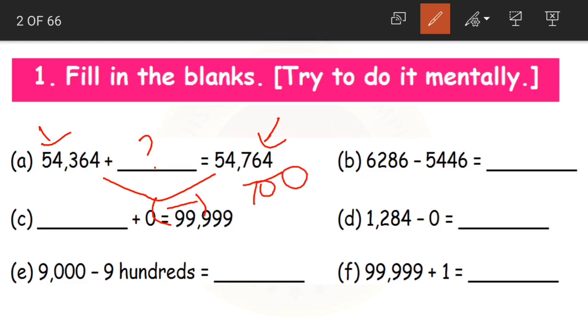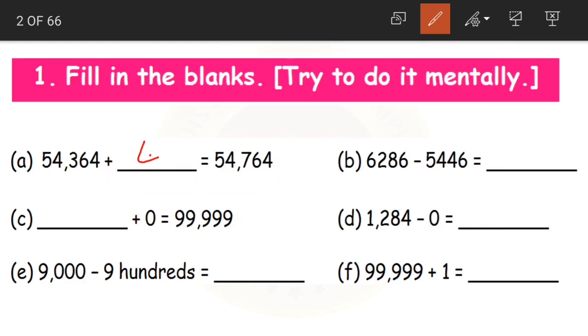Now here 700 minus 300. Now again 2 zeros, 0 minus 0 and again 0 minus 0. 7 minus 3 becomes 4. Yes, so 54,364 plus 400 is equal to 54,764.